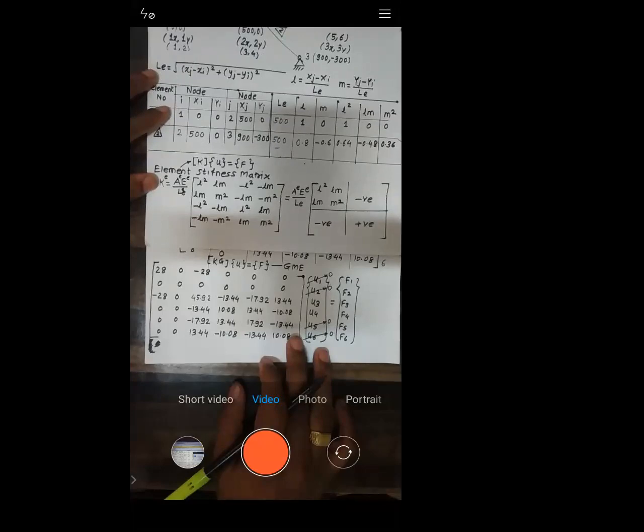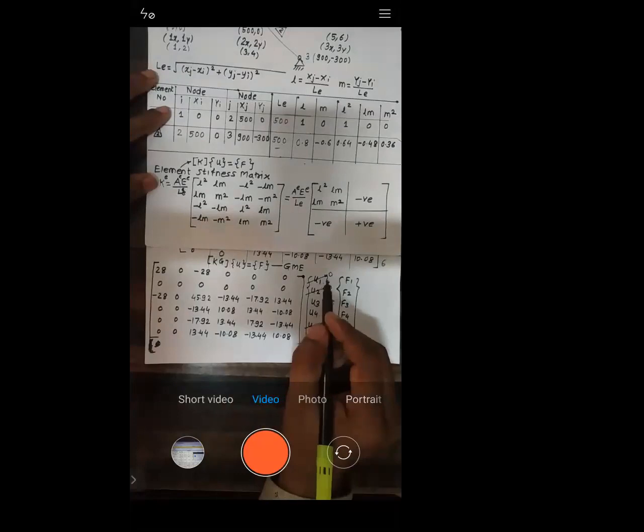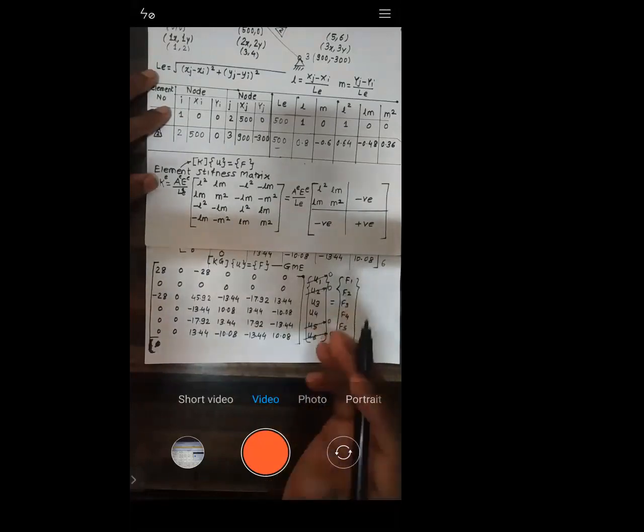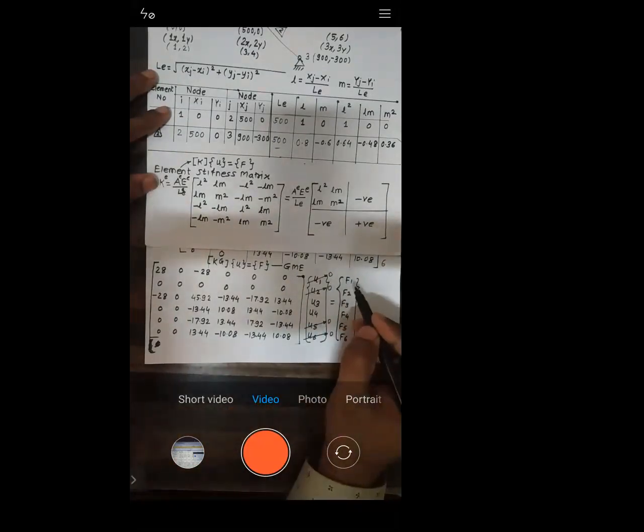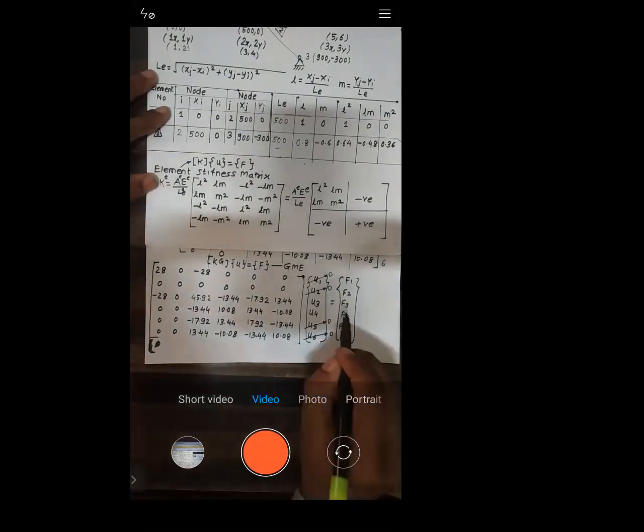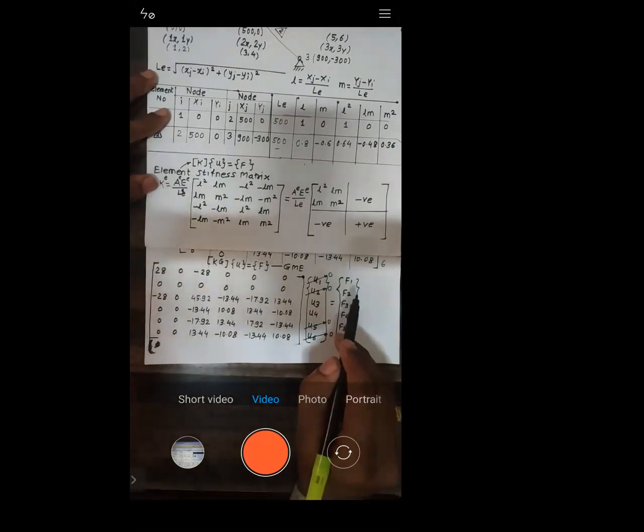Yes, sir. Try to understand: the point where displacement is 0, at that point you will get reactions. What is the meaning of displacement is 0? It is fixed. So at the fixed point only you will get a reaction. So you will get reactions F1, F2, F5 and F6. These are the forces induced as a result of providing the reaction to the applied load.